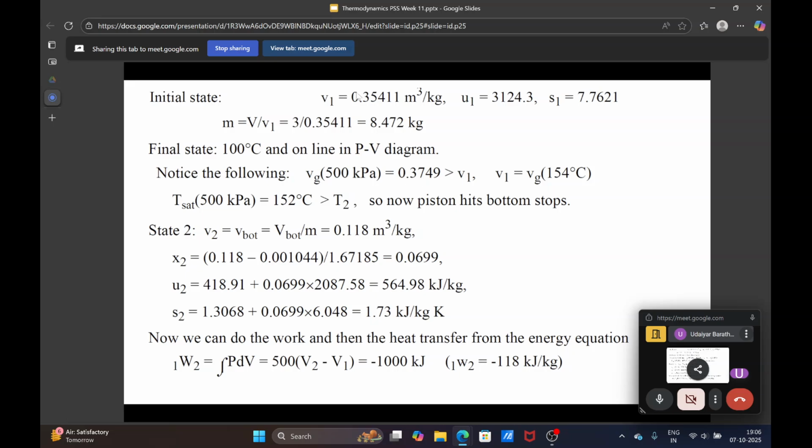This will be greater than the specific volume initially, because it follows a constant specific volume. So we take v1 as vg of 154 degrees Celsius, and Tsat at 500 kilopascal is 152 degrees Celsius, which is again greater than T2.